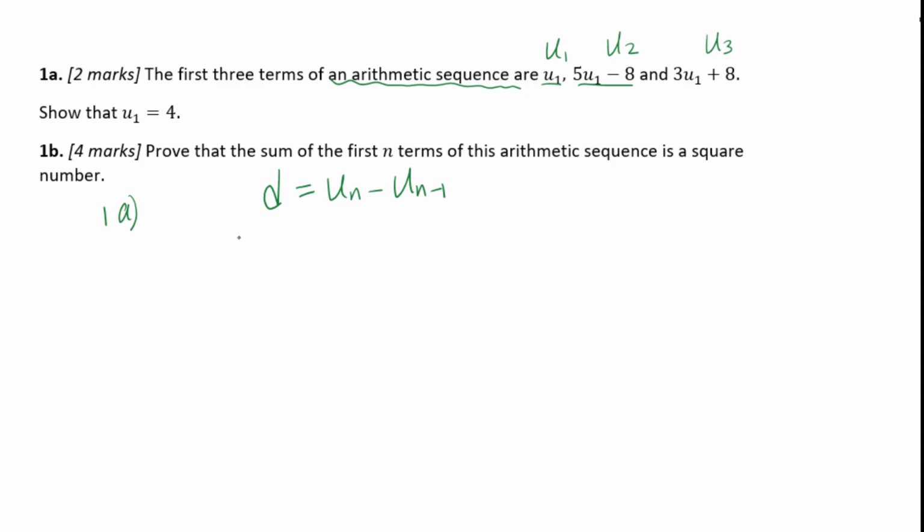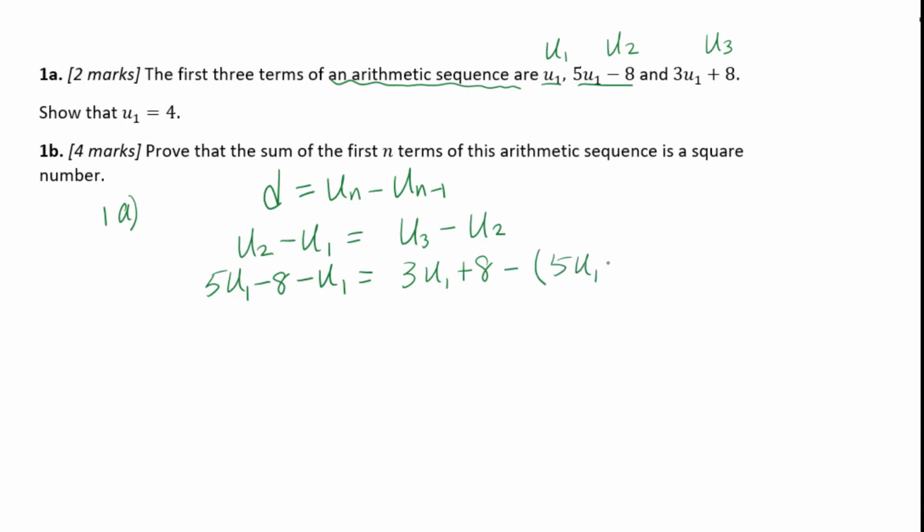We can set up u sub 2 minus u sub 1 equals u sub 3 minus u sub 2. So u sub 2, that's 5 u sub 1 minus 8, minus u sub 1 equals 3 u sub 1 plus 8 minus parentheses 5 u sub 1 minus 8.